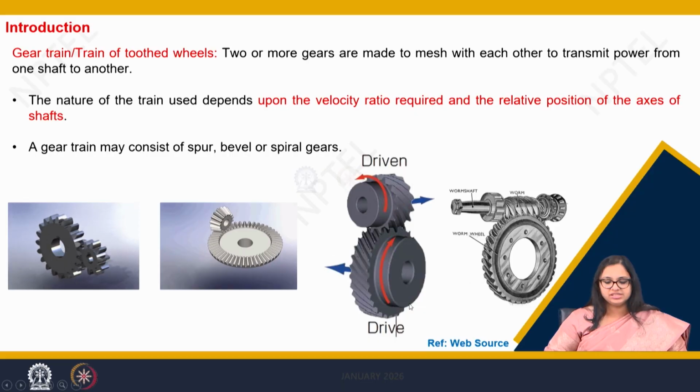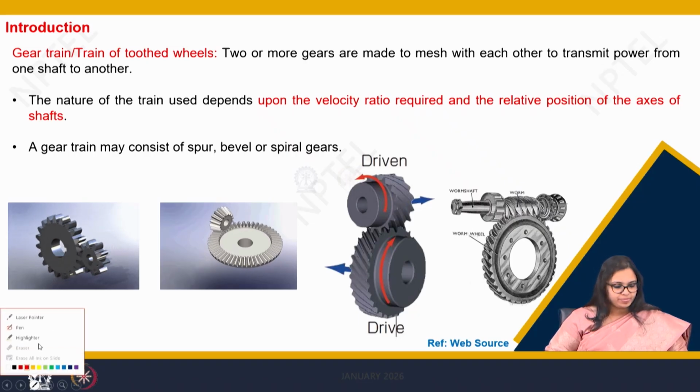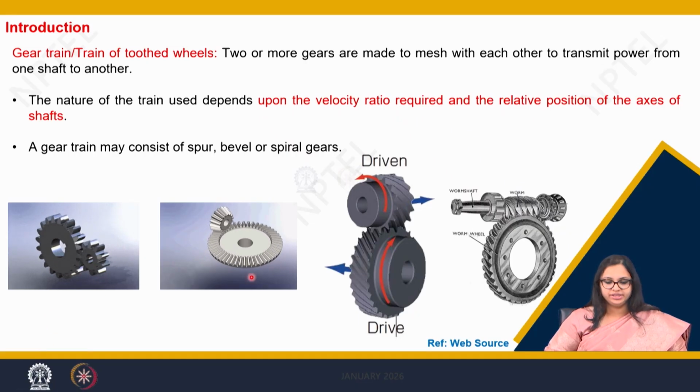However, in this kind of configuration where the shafts are not parallel to each other and not even intersecting, we call them spiral gears. One of the classical examples of this spiral gear is the worm wheel and worm gear.